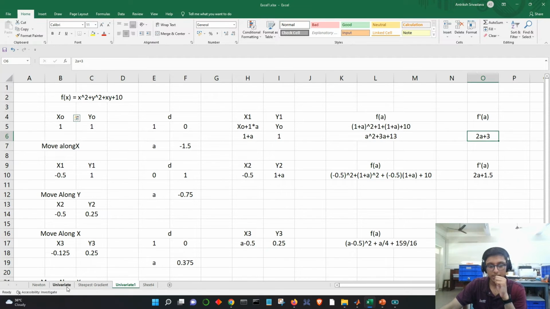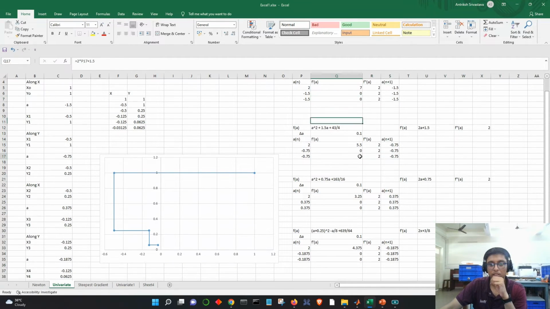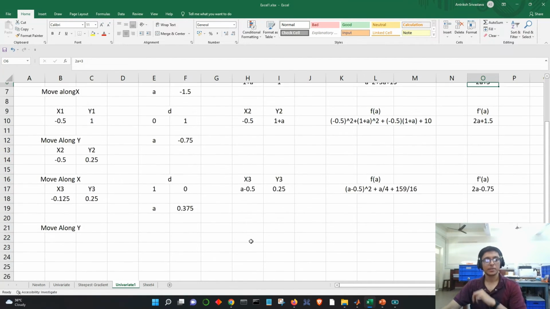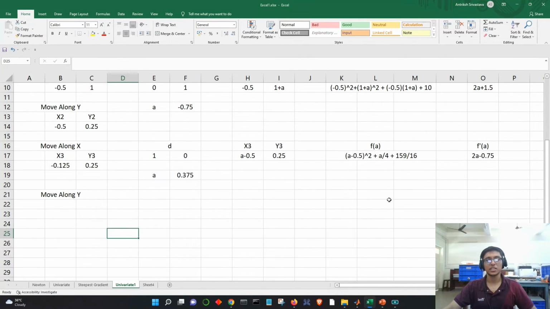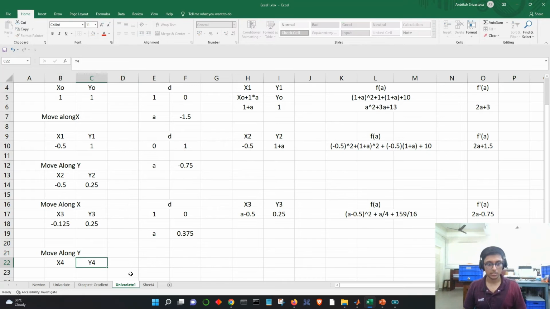I will share this Excel sheet where I have used the Newton-Raphson technique, and you can see that f dash a becomes 0 for these values of a. But in the exam, for the safety of time, you can use this approach itself.